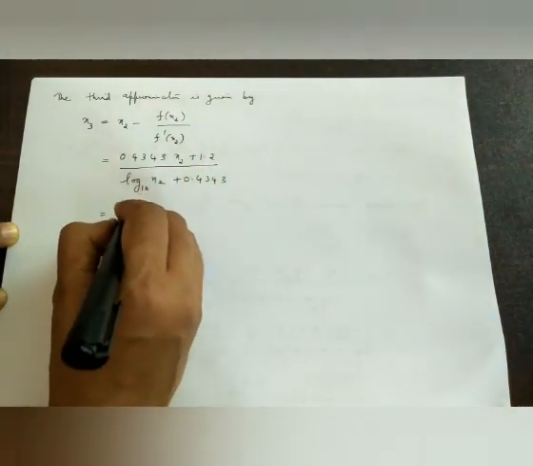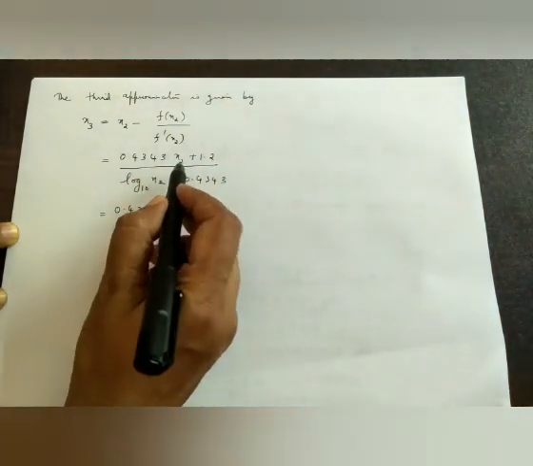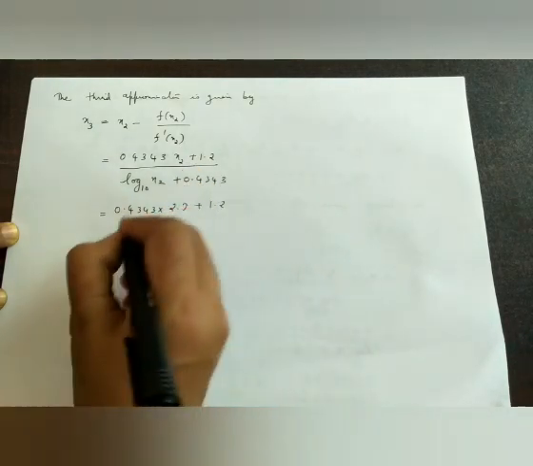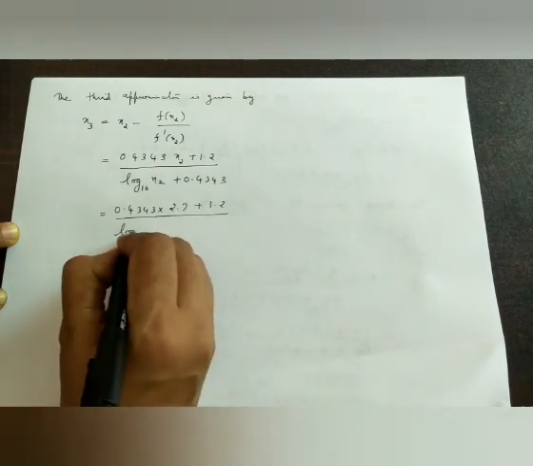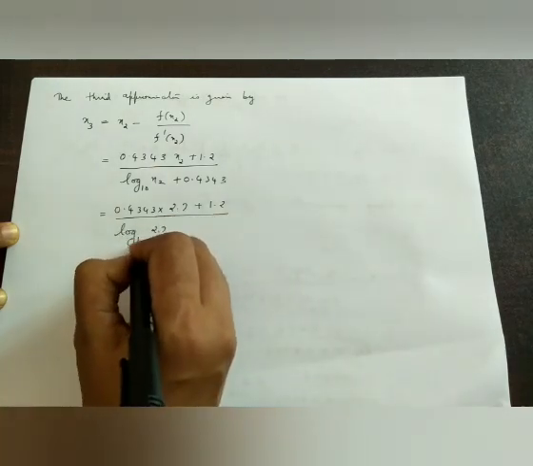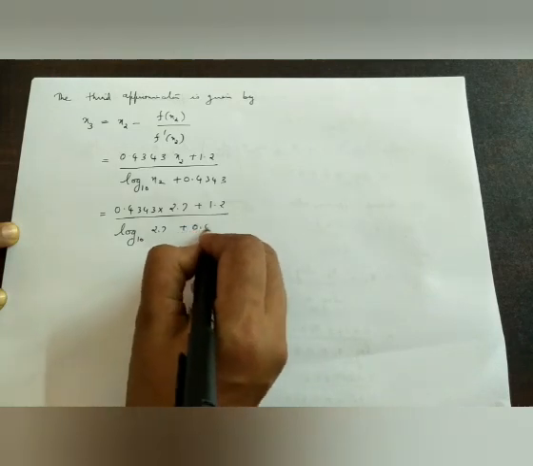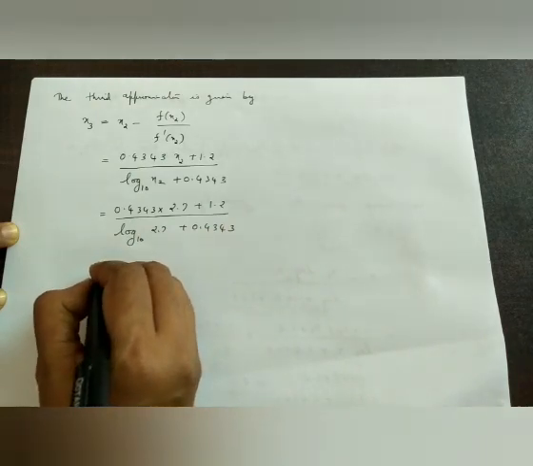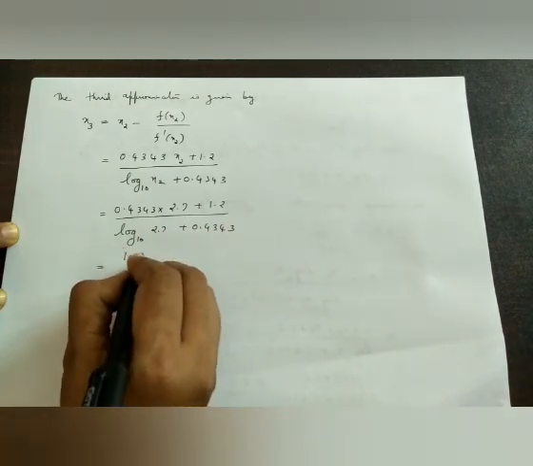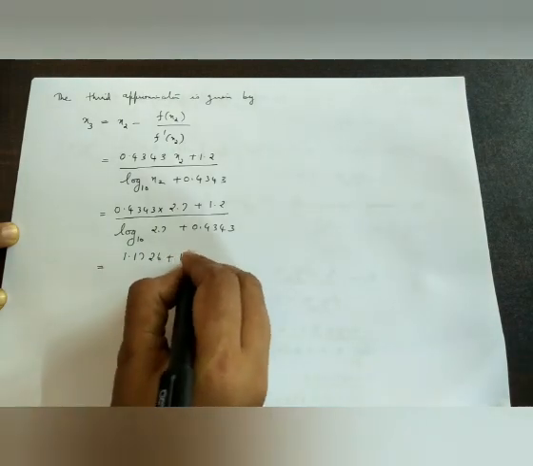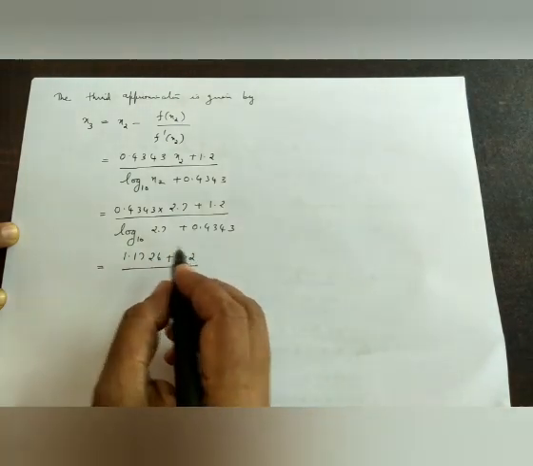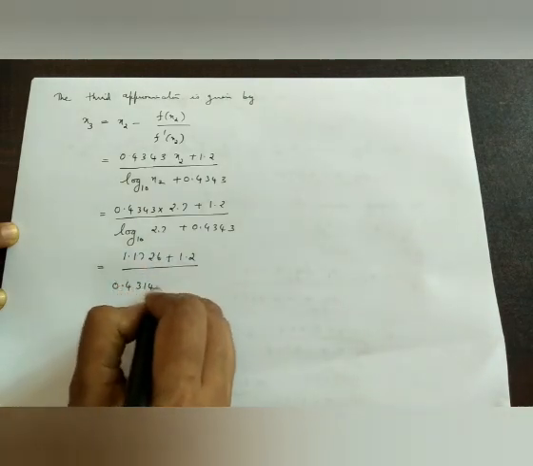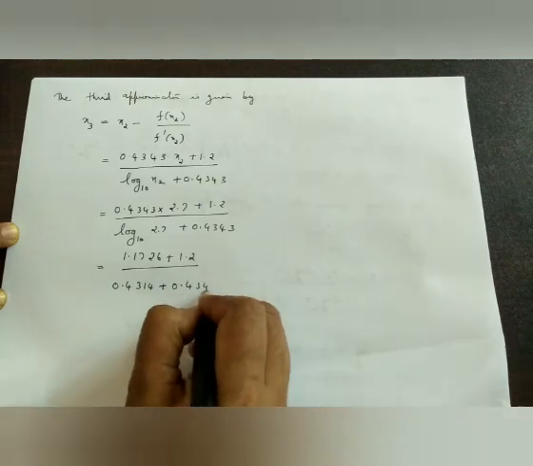Now substituting the value of x2, that is 2.7, we get 0.4343 into 2.7 plus 1.2 divided by logarithm of 2.7 to the base 10 plus 0.4343, which on simplification is 1.1726 plus 1.2 divided by log 2.7, which is 0.4314, plus 0.4343.